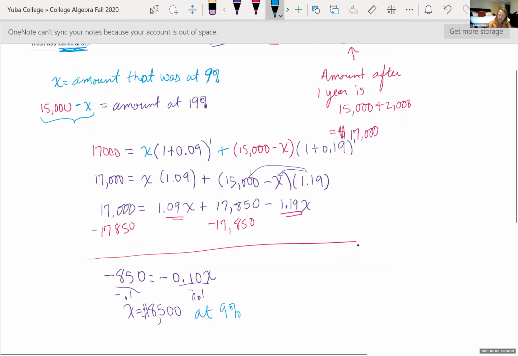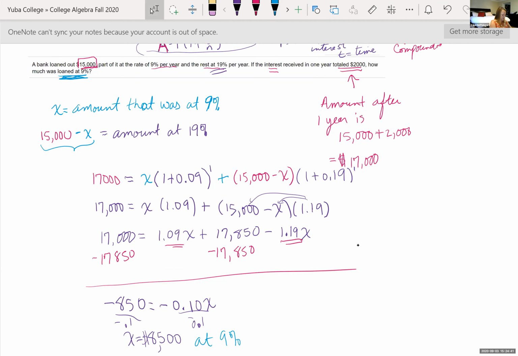And if we took that from 15,000, we get that 6,500 was at the 19%, and that's not X in this case. So 6,500 at 19%.